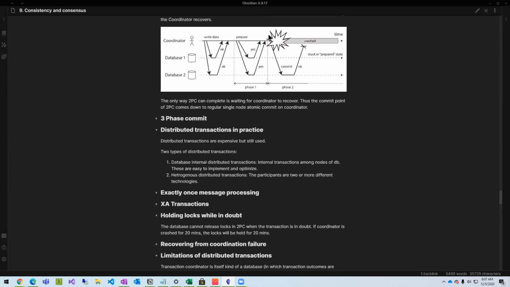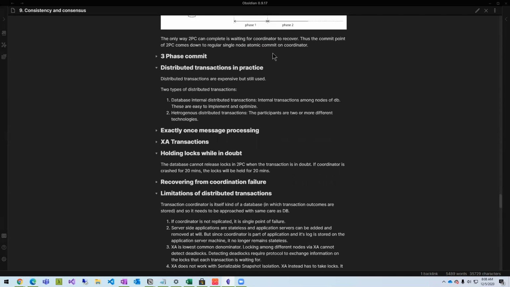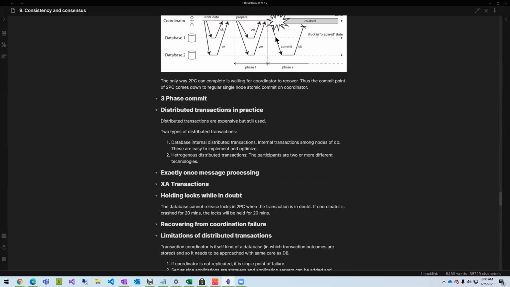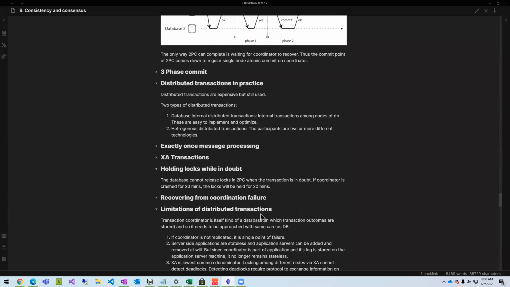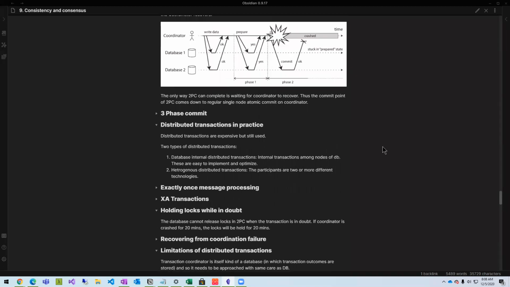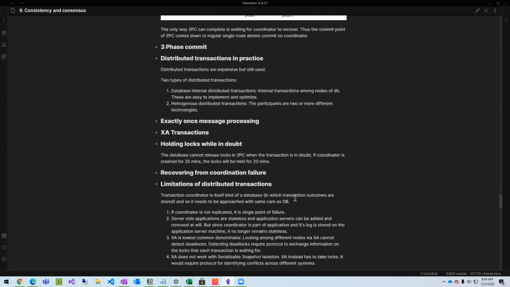If it is not replicated and your log is lost, then you don't know whether the transaction was actually atomic or not, and you don't know whether the heuristics that the database took were actually right or not. So if the coordinator is not replicated, it's a single point of failure. The other thing is these server-side applications.